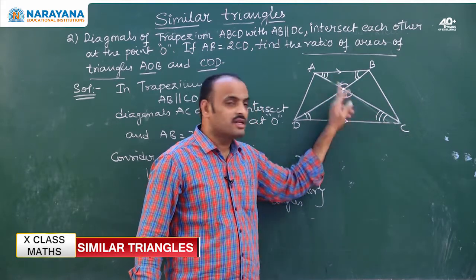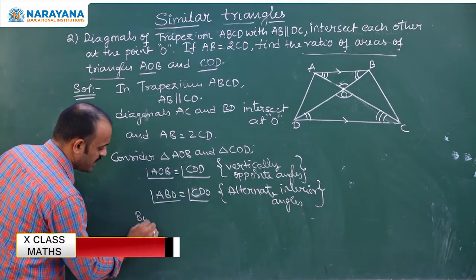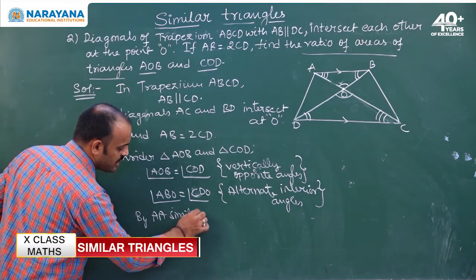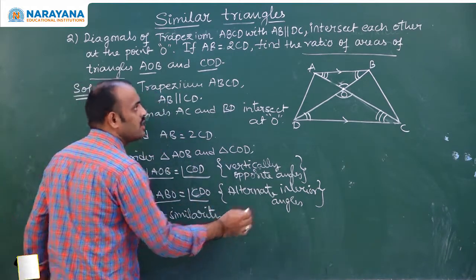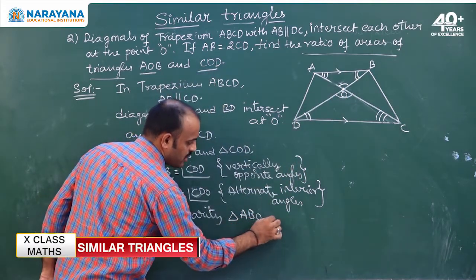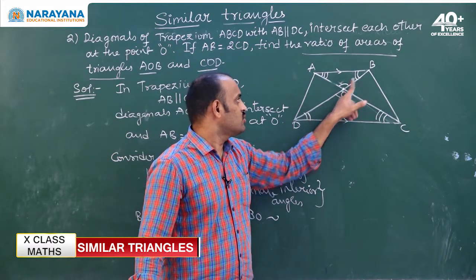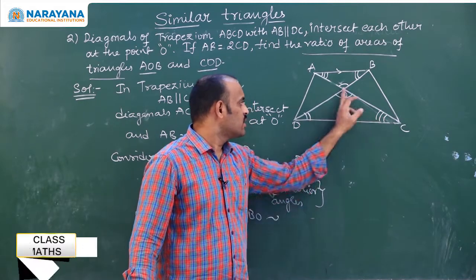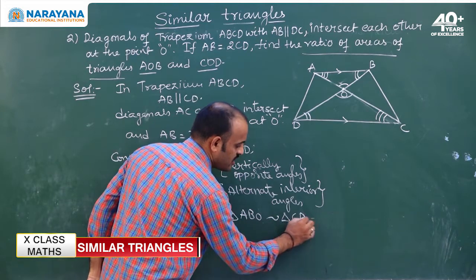Therefore, by angle-angle similarity, triangle ABO is similar to triangle CDO. See the order 3, 2, 1. Here also I should follow the same order 3, 2, 1, CDO.